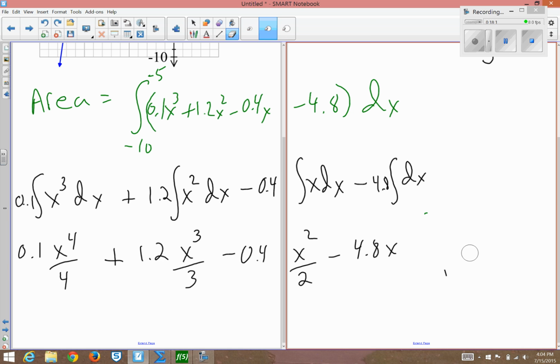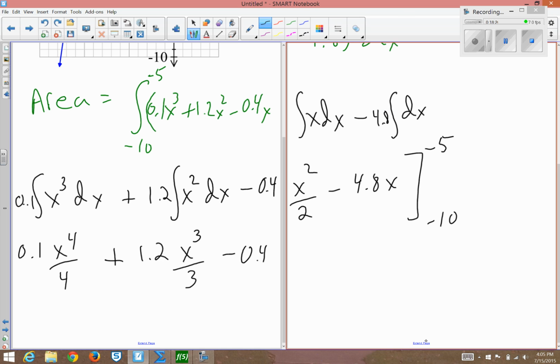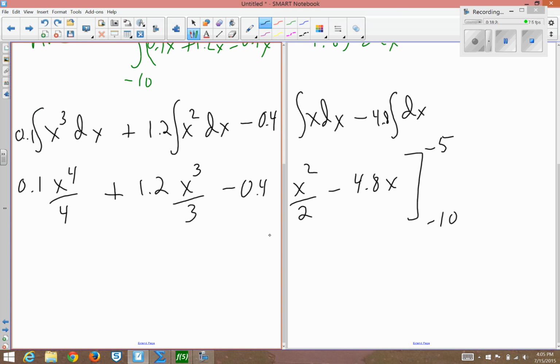Then, instead of plus c, which we did when we did the indefinite integrals, we put a bracket with the two numbers attached, negative 5 up here and negative 10 down there. When we put the bracket there at the end with these numbers attached, that means everywhere there's an x, we put this number. After I do that, then I'll tell you what we do with the negative 10.